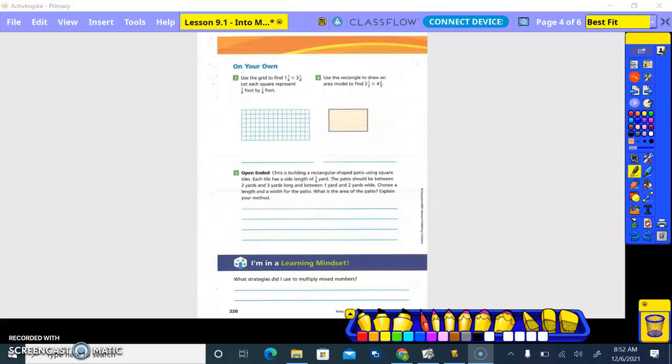Use the trick to find 1 and 1/4 times 3 and 1/4. Let each square represent 1/4 foot by 1/4 foot. So 4 times 1 is 4 plus 1 is 5. So we need to go down 5 squares. Okay, 4 times 3 is 12 plus 1 is 13.